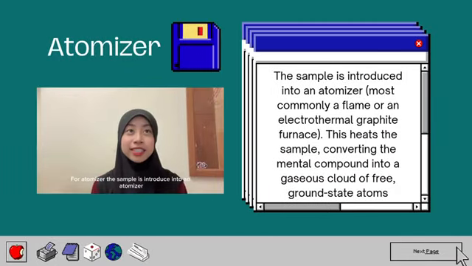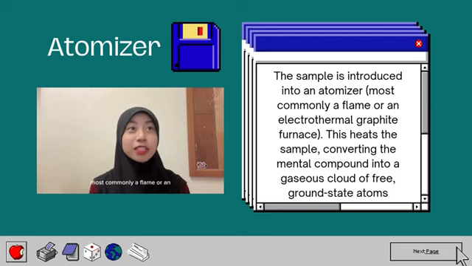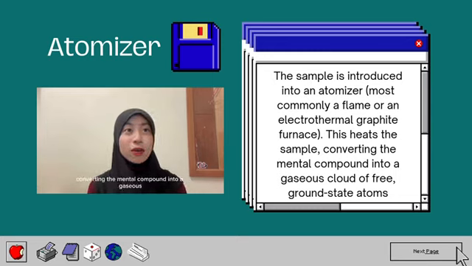For the atomizer, the sample is introduced into an atomizer, most commonly a flame or an electrothermal graphite furnace. This heats the sample, converting the metal compound into a gaseous cloud of free ground state atoms.